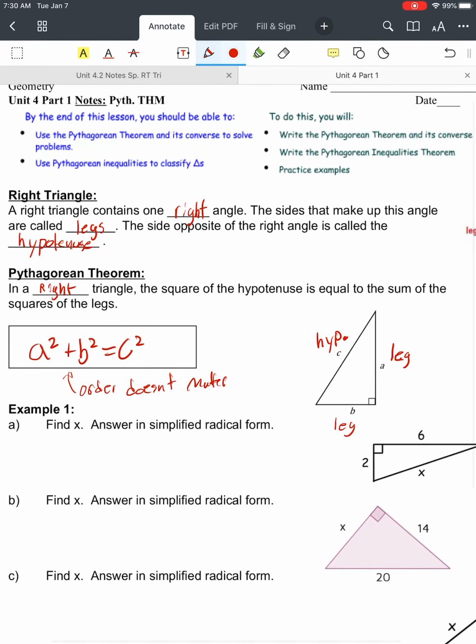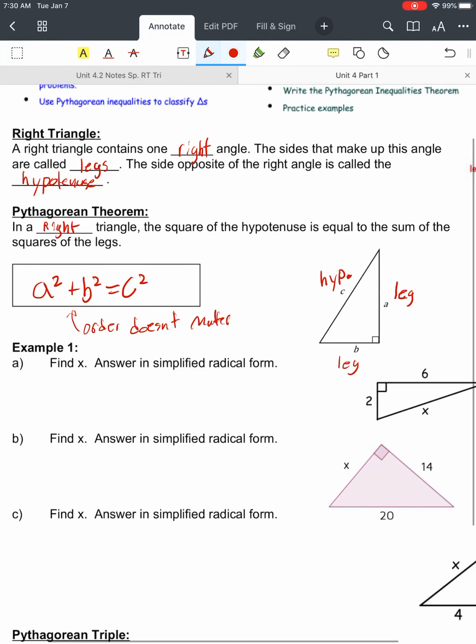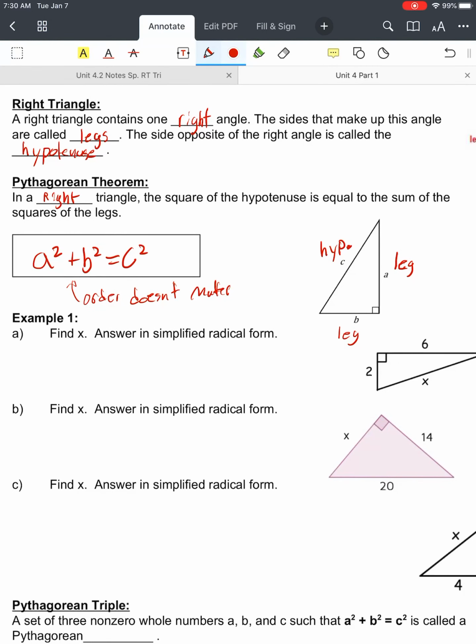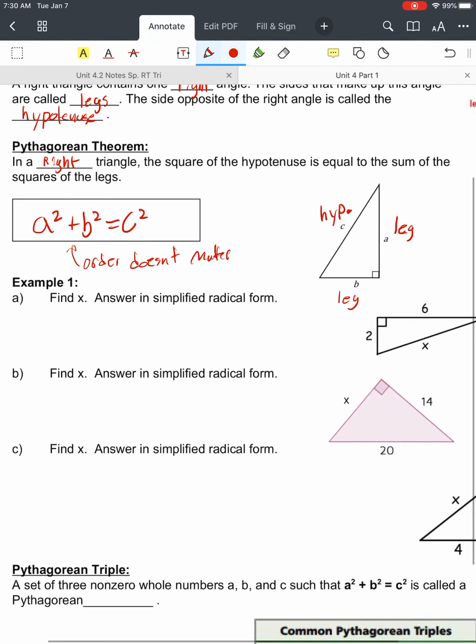If I want to use the Pythagorean theorem to find a missing side length, the first thing I want to do is identify which side is the hypotenuse. In our first example, example 1a, our x is the hypotenuse, so that's going to be our c.